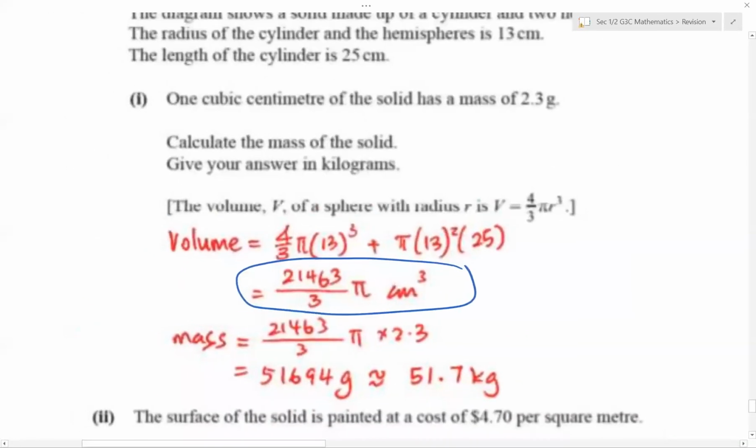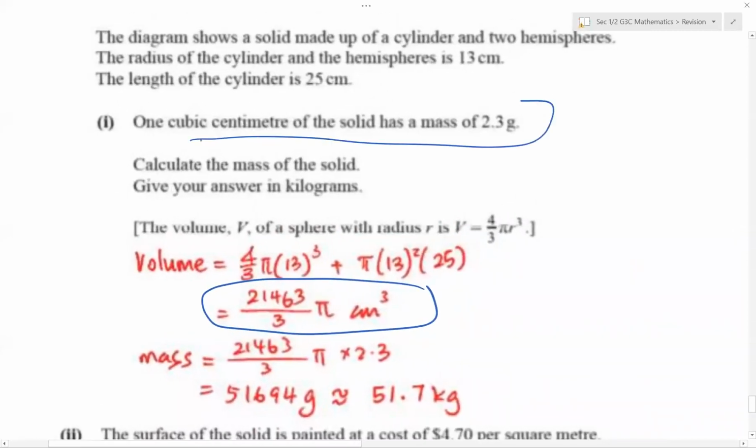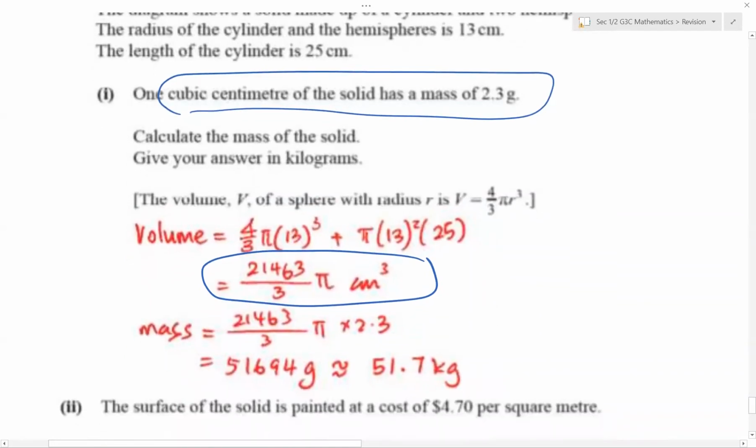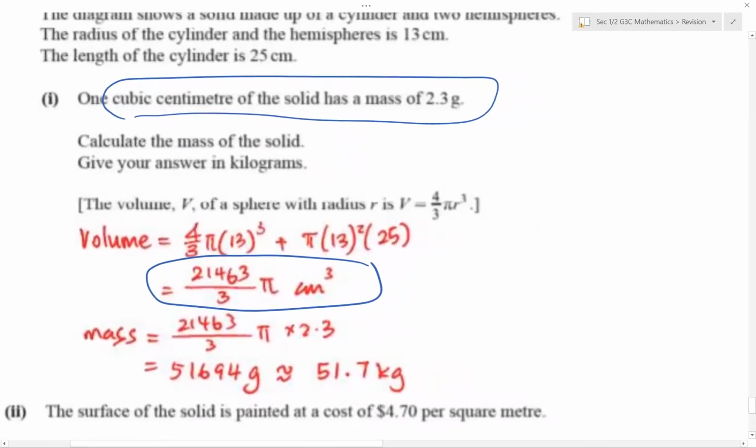So 1 cubic centimeter of the solid has a mass of 2.3 grams. So what about 21463 over 3 pi cubic centimeters? If you recall, this is actually our density. Remember density in physics? You can be tested on that in mathematics also.